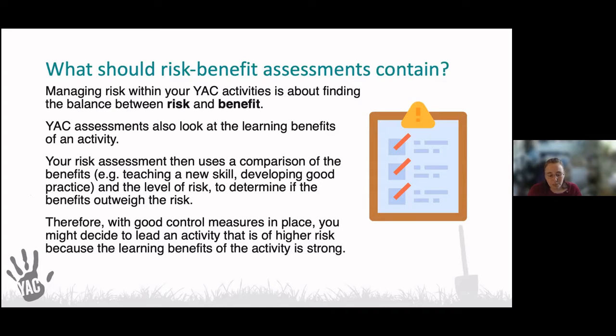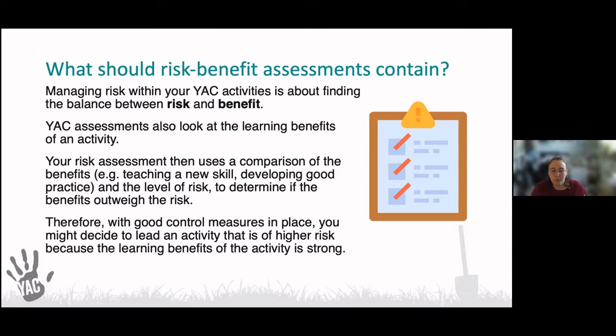Now, something that comes from the play world and is recognised by the Health and Safety Executive is risk benefit. It is about balancing the risk with the benefit. So if someone's learning a new skill, learning how to use a tool, it is going to be riskier than if they've used it before and they've been shown how to use it safely.